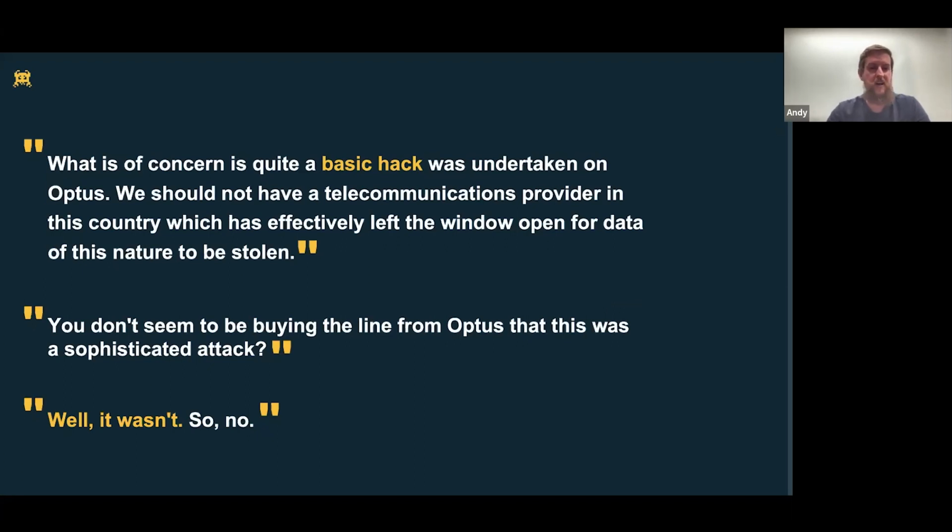The response was kind of scathing of Optus, which is a difficult situation for any CISO to be in. What happened here was quite a basic hack, and we shouldn't have telco providers in this country leaving the door open. And the ABC presenter asked, so you don't seem to be buying the line that it was sophisticated, to which the response was, well, it wasn't, so no.